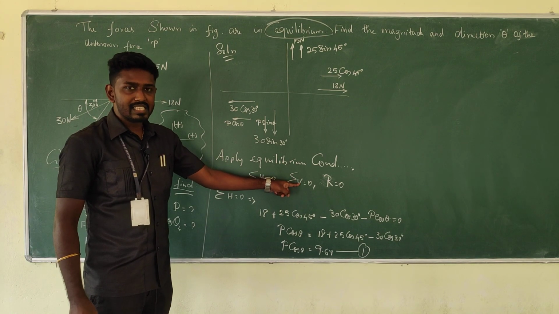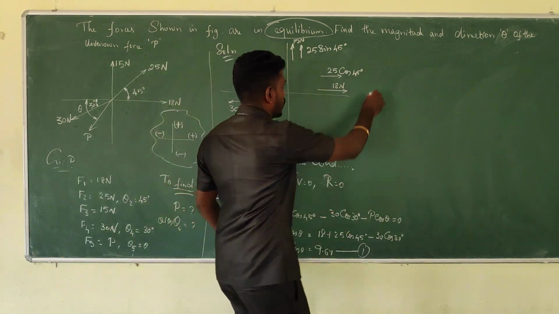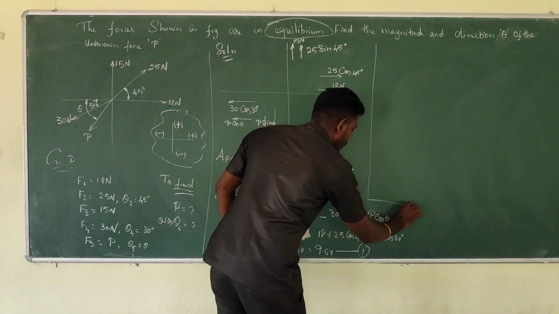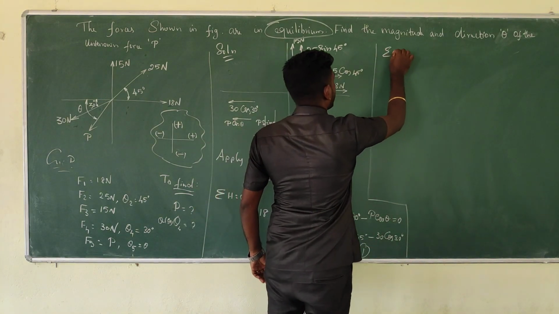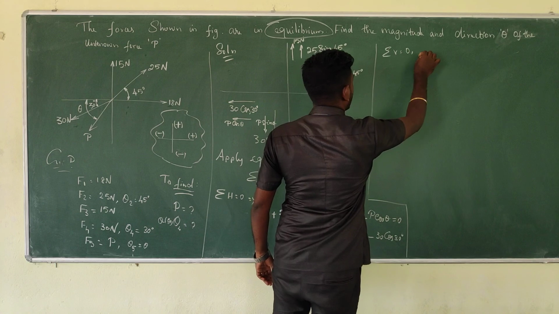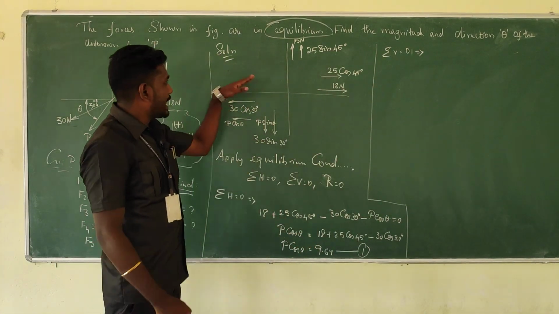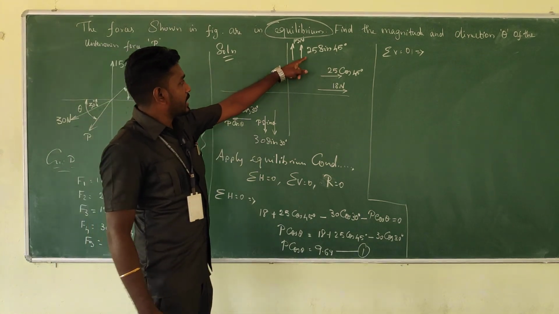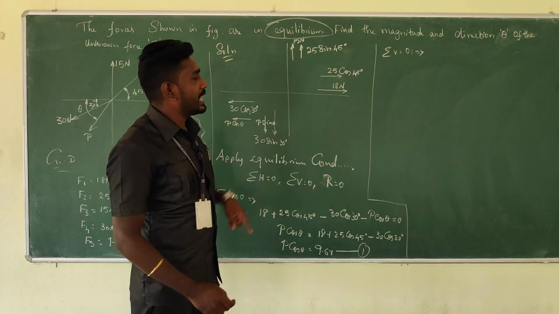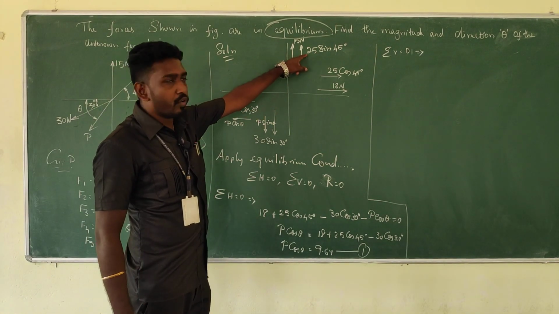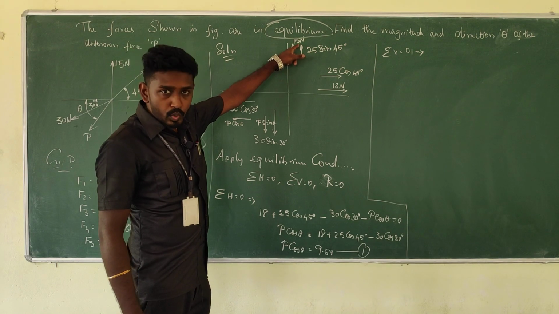I'm going to apply sum of vertical force is equal to 0. If I apply it, add all the vertical forces. Here in the first quadrant 25 sine 45 degree force is there and 15 Newton force is there.